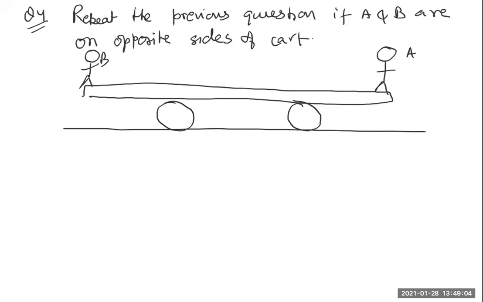So first A will jump, then B will jump. नहीं, जीरो आंसर नहीं. अगर दोनों एक साथ जंप करेंगे तब जीरो आंसर.